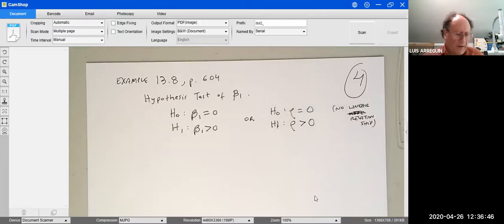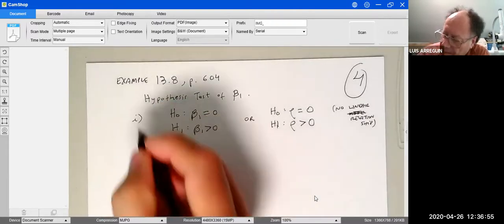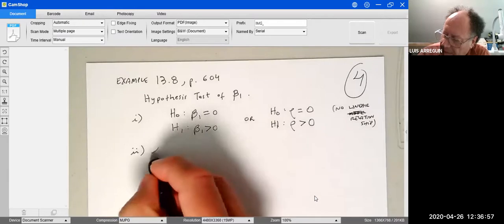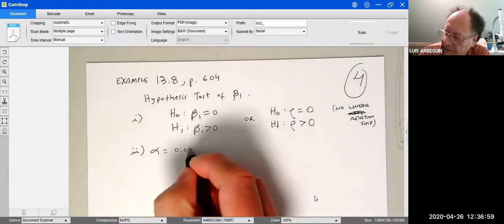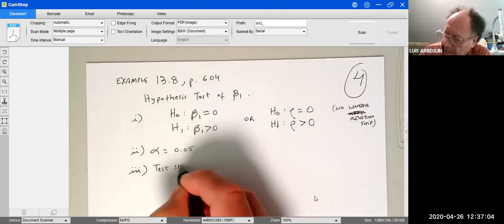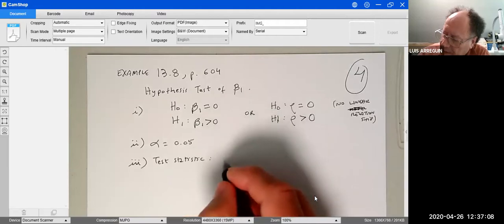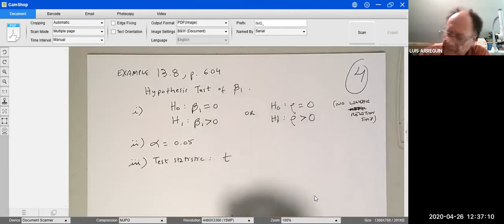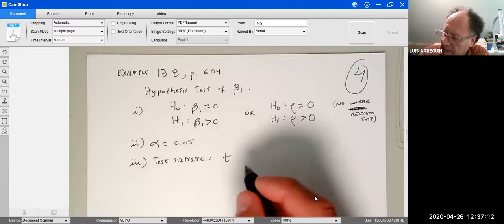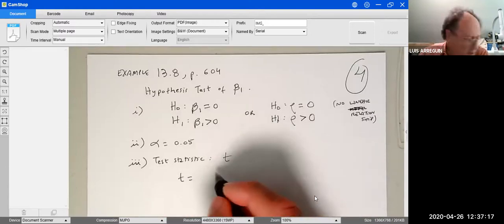So what is the next step? The next step is we're gonna find our test statistic. So remember, we need alpha. Alpha is just going to be 0.05. Now our test statistic is going to be t, and t is going to be obtained by using either of the two formulas we provided.